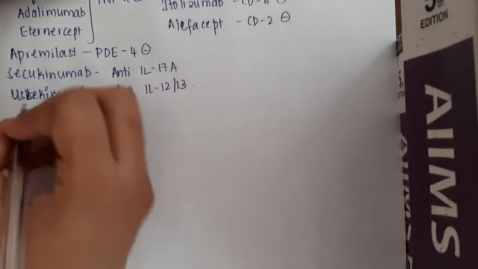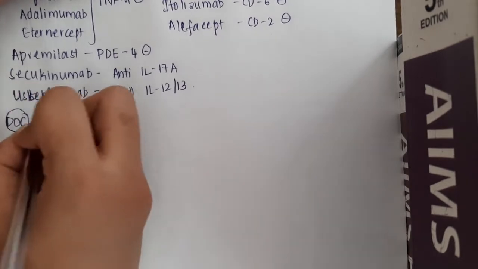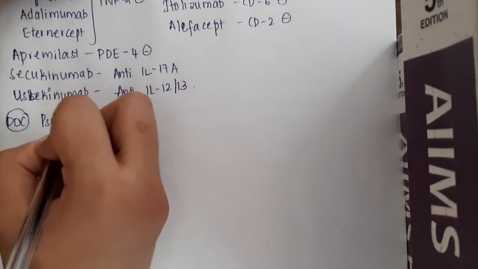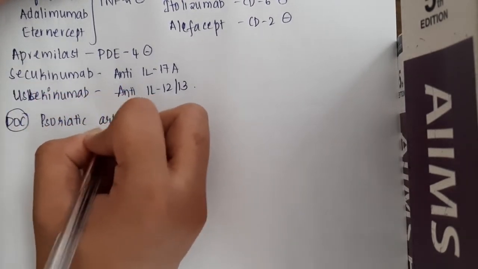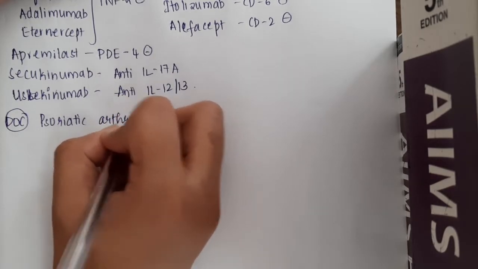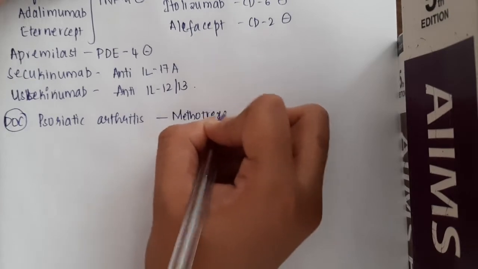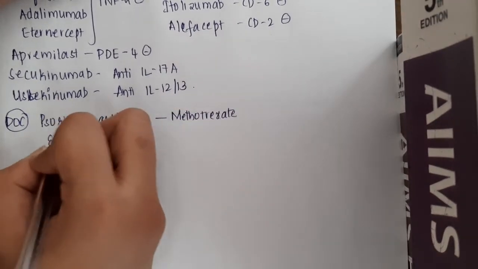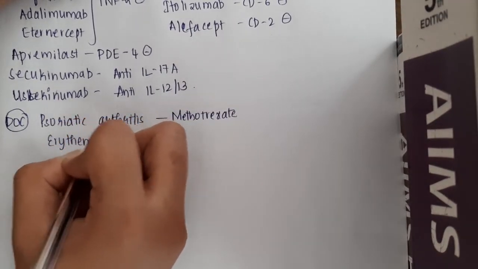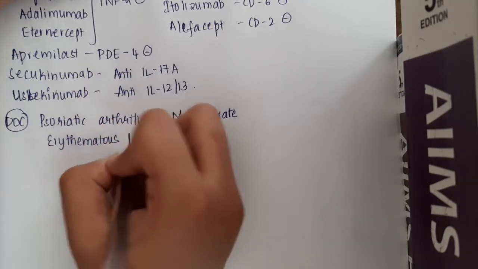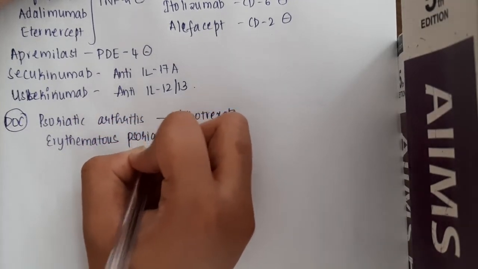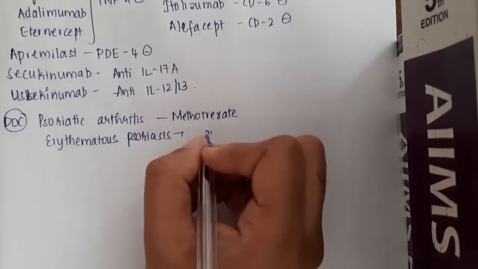Then if you see the important facts, the drug of choice for psoriatic arthritis is methotrexate. Then the drug of choice for erythrodermic psoriasis is also methotrexate.